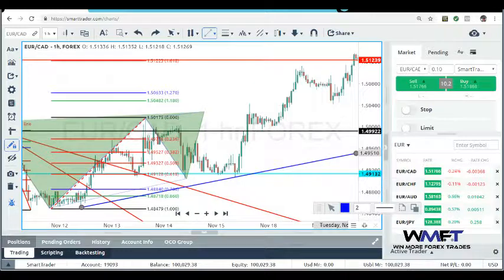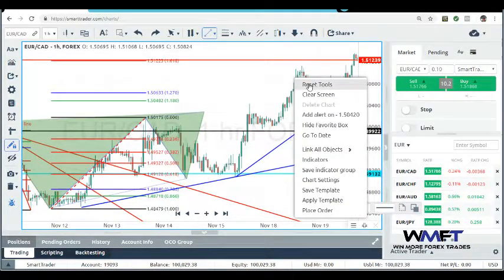And there's your first touch. And then you do the same at the next touch. Bring another trend line in, find that high point until you get your first touch. And there's our first touch. And let's reset our tools.